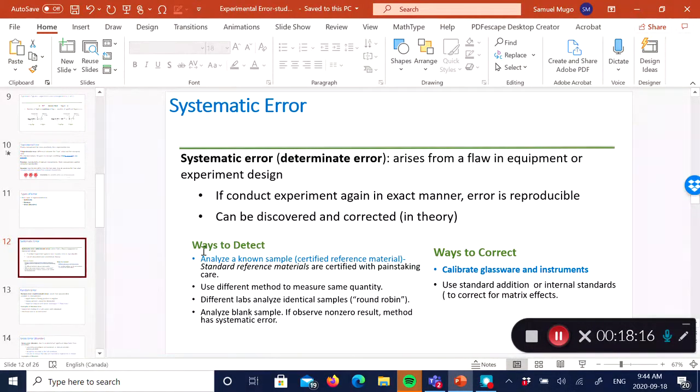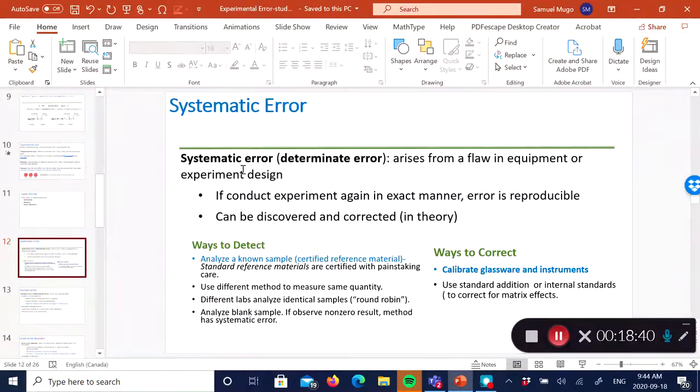So you can always detect a systematic error, but how can you correct it? You correct systematic error by calibration. And that is why in the last lab session, that's all what you were doing, calibrating your glassware, and calibrating your instruments, which we're gonna do as well.